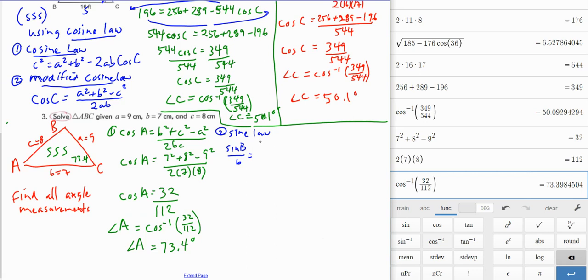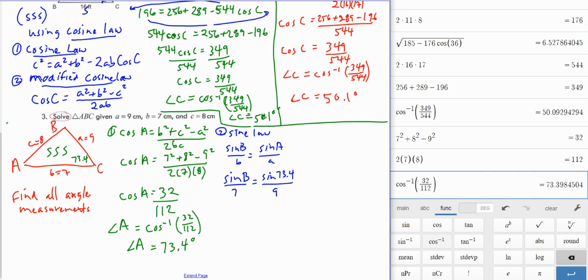So we now know the combination of sine A and side A. Okay, so sine B is what we're looking for, so it's going to remain unknown. And B is given to us as 7. Sine A, now we know, is 73.4, and side A was always 9.